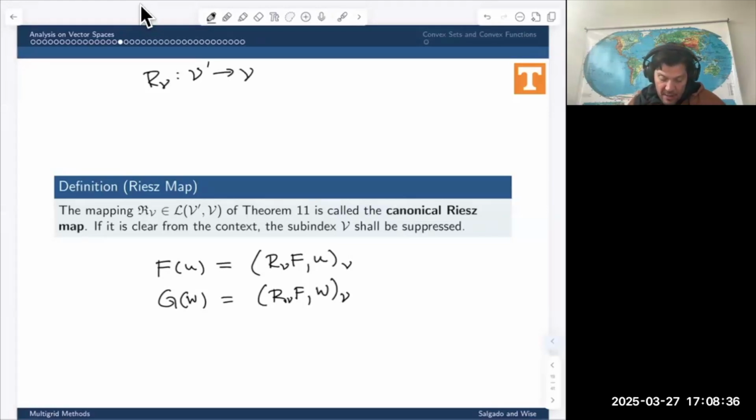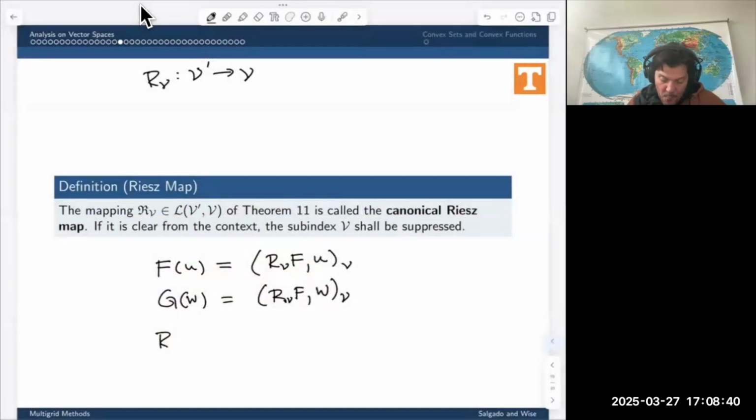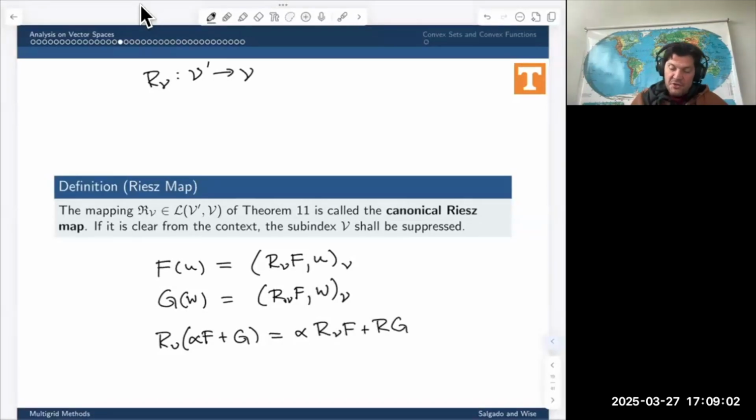Well, we need to show that the Riesz map of alpha f plus g equals alpha times the Riesz map of f plus the Riesz map of g. So that's what we need to show, right? Let's put that up here.